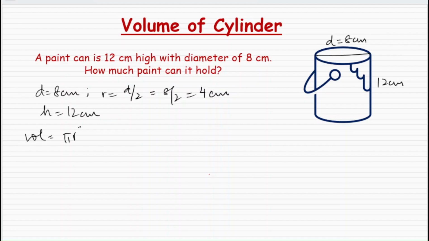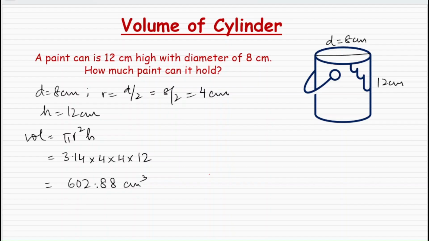The volume is pi r square h. So it is 3.14. Radius is 4 times 4 because it is 4 square and height is 12. Now, when you multiply all these numbers, you will get your volume as 602.88 centimeter cube. Now, since this is paint, a liquid, the capacity or the volume of liquids is generally expressed in liters.